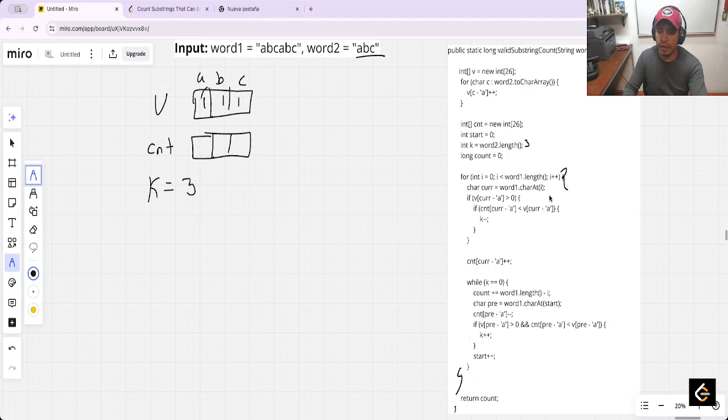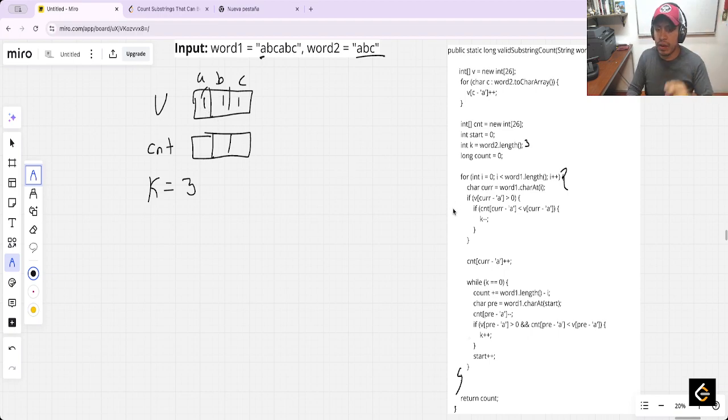Don't forget the main for. Okay, start with the for, and we want to traverse all this string, and we get the first element, that is A, and it basically asks whether the B array at the index, in this case A, is greater than 0.